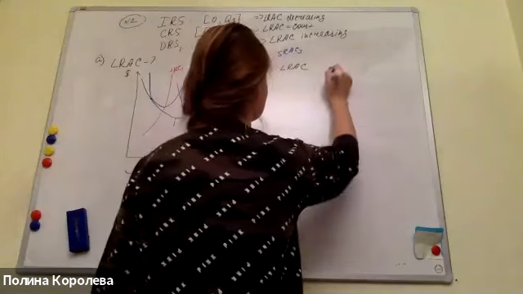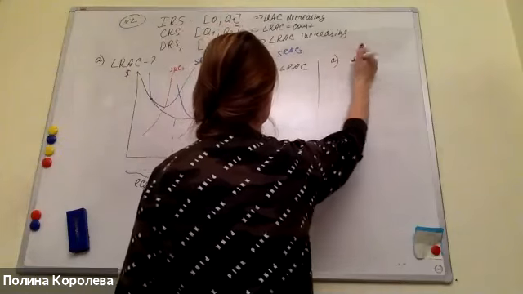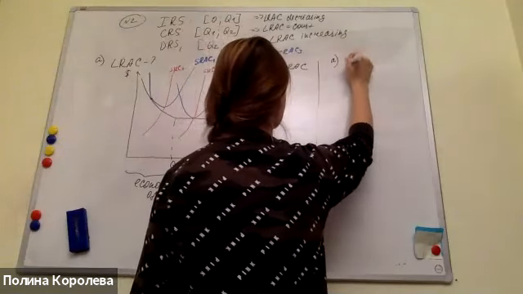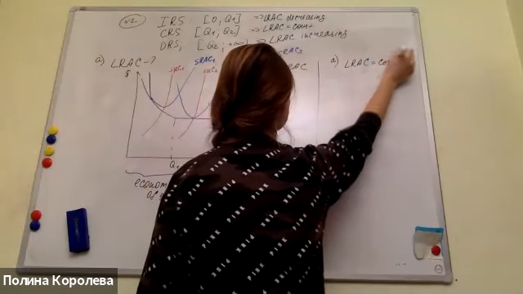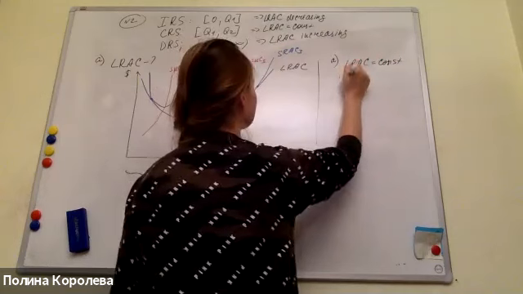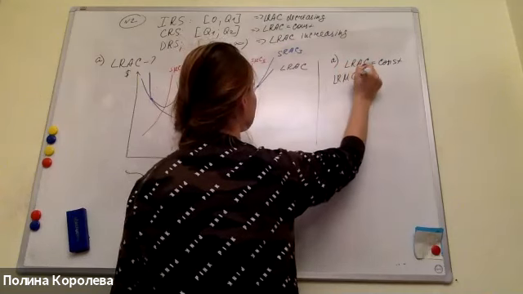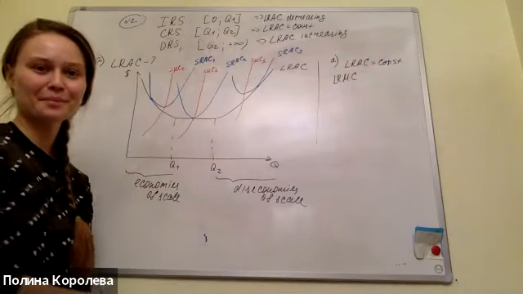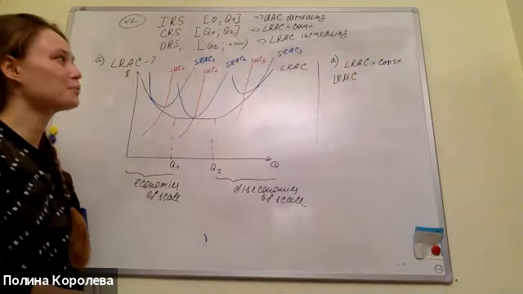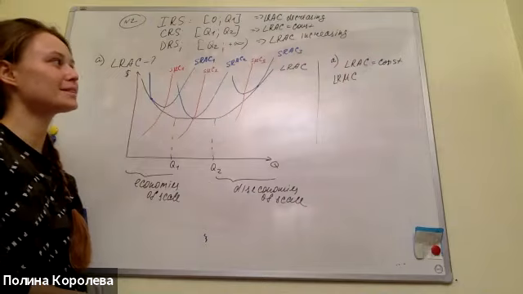It's from point A, our question. If we have long-run average costs constant, what can you tell me about long-run marginal costs? What does it mean that long-run average costs are constant?